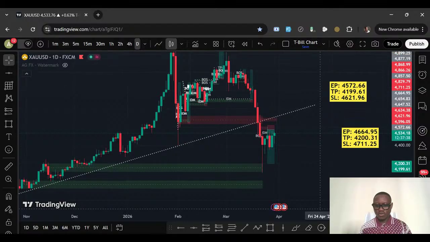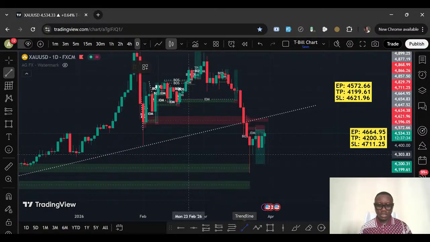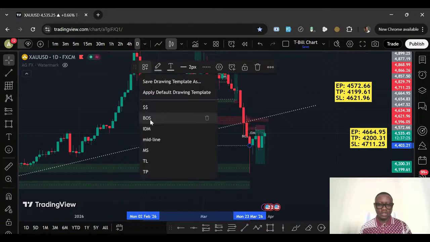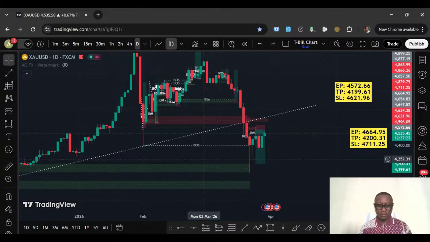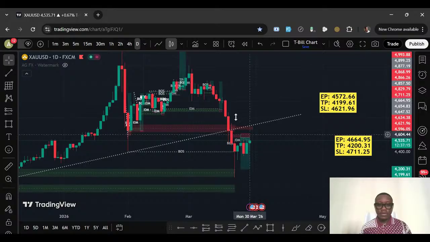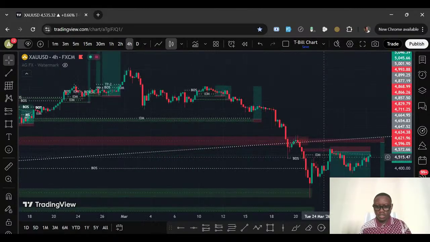So let's start our analysis on the daily time frame. We got this break of structure right here, BOS. Aside from this, let's drill down to the 4H time frame to have a clearer price action.